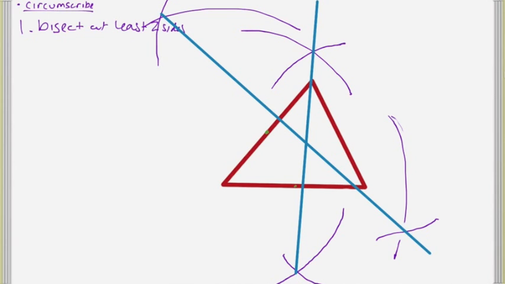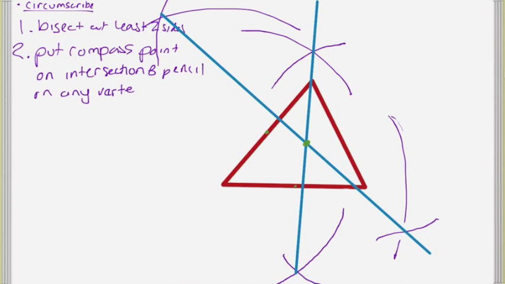Where that point is, this point of intersection, is going to become the center of our circle. Circle? Yep. To circumscribe, we're trying to put a circle around this triangle. So that point is going to become the center of our circle. And so our second and final step to this construction is to put the compass point on the intersection and pencil any vertex and draw a circle.